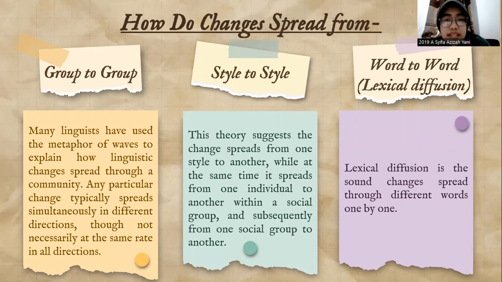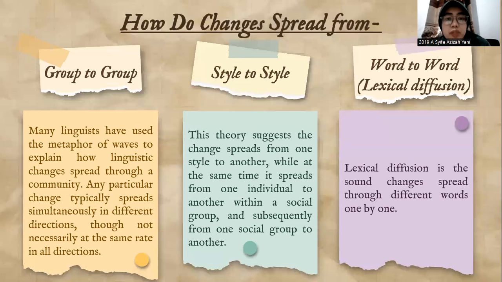So this theory suggests the change spreads from one style to another, while at the same time it spreads from one individual to another within a social group and subsequently from one group to another. So using this model, we express the spread of the prestigious post-vocalic r pronunciation, for instance, first in the most formal style of young people in the most prestigious social group in the community.